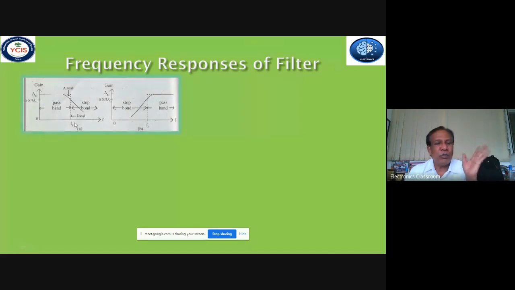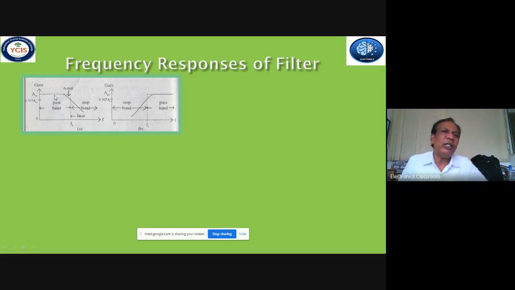Therefore that filter is known as a low pass filter. The name itself suggests that the circuit passes the band of low frequency and stops the band of high frequency. So this is all about the low pass filter.